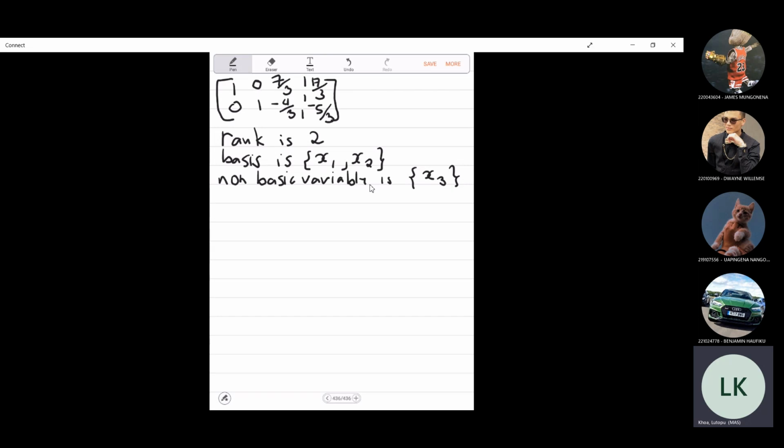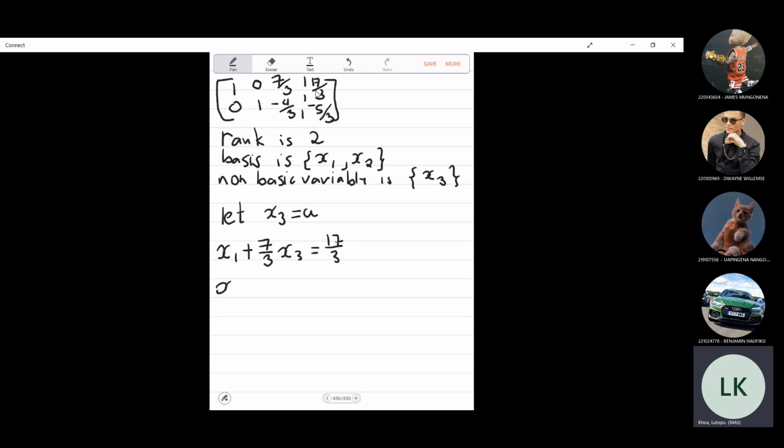Okay, and then from there, we let the non-basic variable equal to a. So we let x3 equal to a, and then we rewrite x1 and x2 in terms of a. So here we have x1 plus 7 over 3 x3 is equal to 17 over 3.